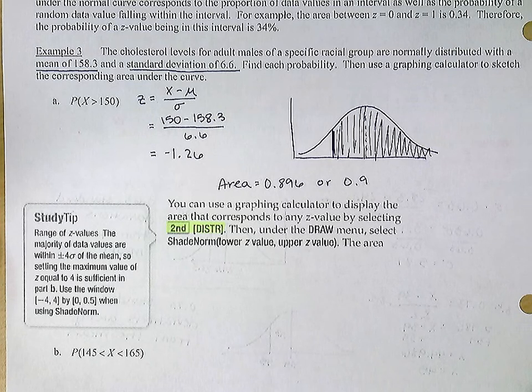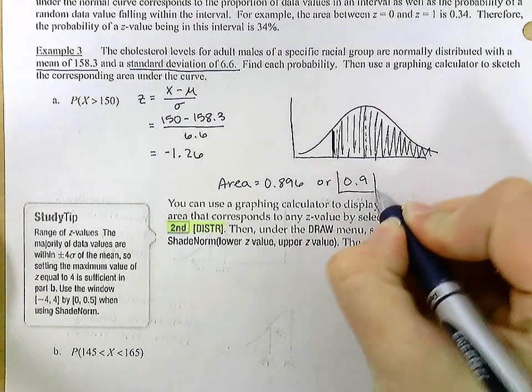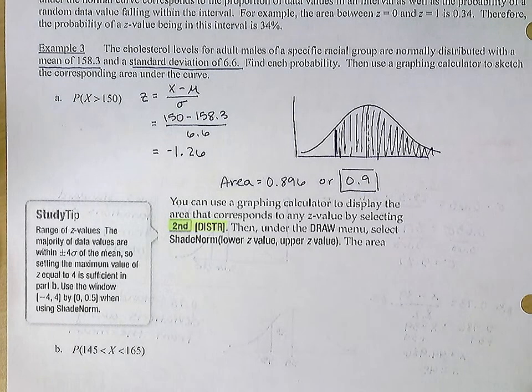Okay, so that would be your probability. It's about 90%. Okay, my probability that you're finding people with a greater than 150 cholesterol is 0.9.